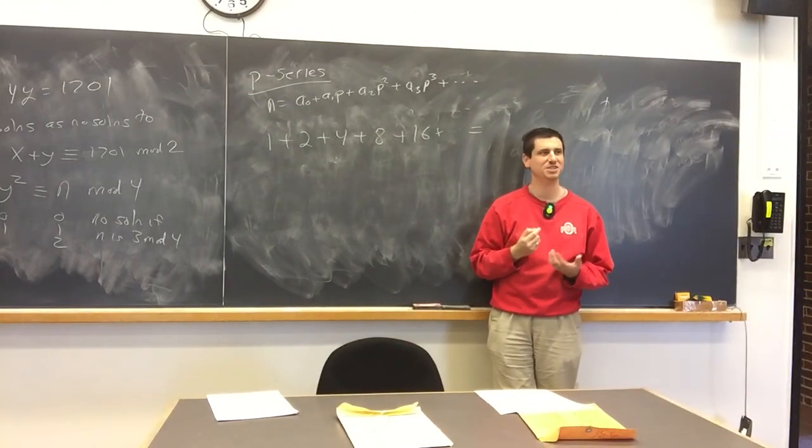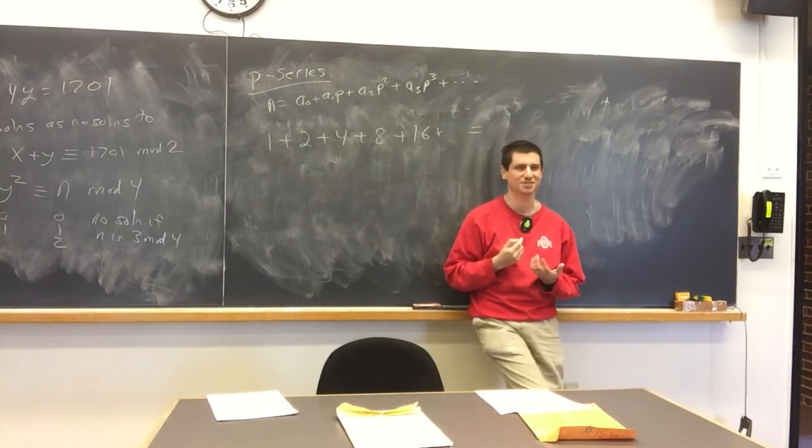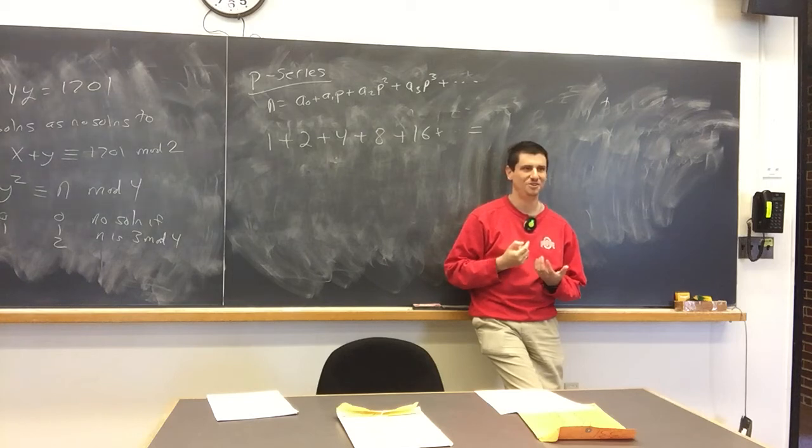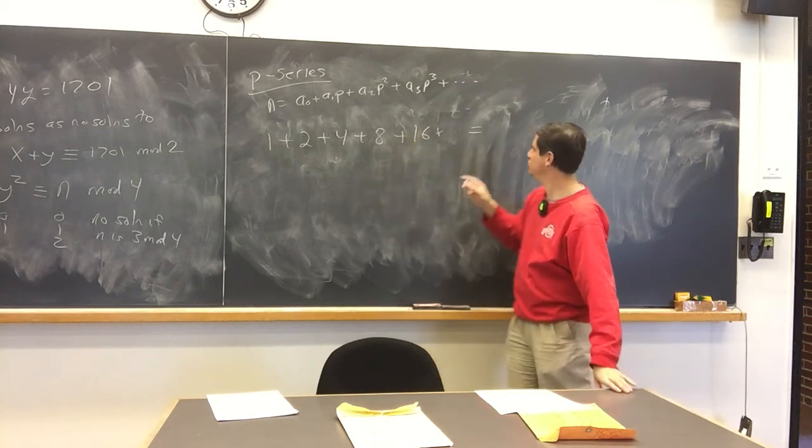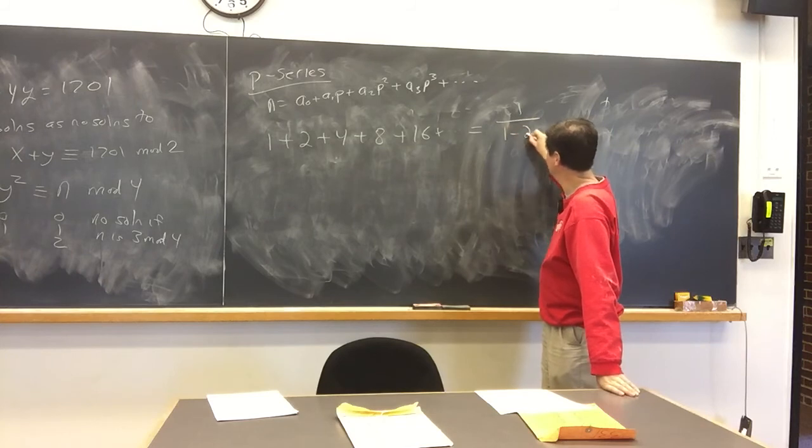In a math class it would be infinity, but if you're in econ or physics, what kind of series is this? Geometric. What's the ratio? 2. So this should just equal 1 over 1 minus 2, which is negative 1.